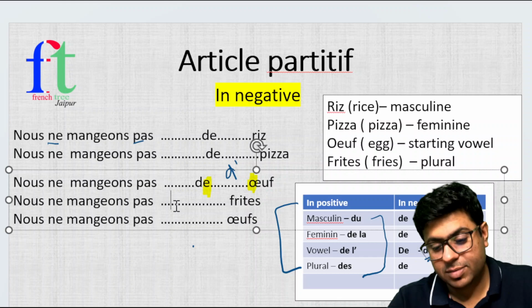Nous ne mangeons pas fruits, that was supposed to be des, but that's negative, so I have to put de. In the last one, it was supposed to be des, but d apostrophe because of the vowel. I hope you understand well. What happened in this grammar? All du, della, del apostrophe and des become de, because that is the negative.